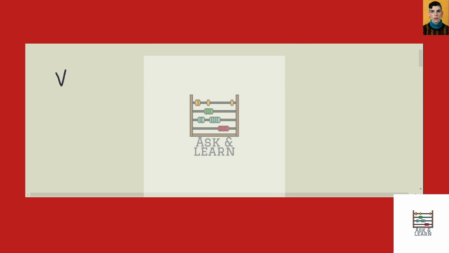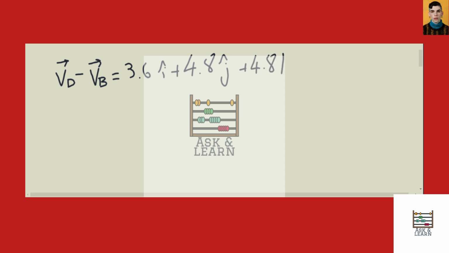If you do now the calculations, you can see that the difference of the two given vector velocities is just 3.6 i hat plus 4.8 j hat plus 4.8 k hat. Now what about the vector difference of the two corresponding position vectors?